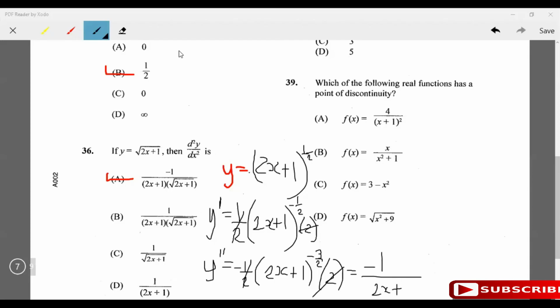So as we were saying right here, we have 2x plus 1 to the 3 over 2 power. How can you break up 3 over 2? 3 over 2 can be broken up as the half power times the first power. And so that's why this can be written as option A. That's question 36.